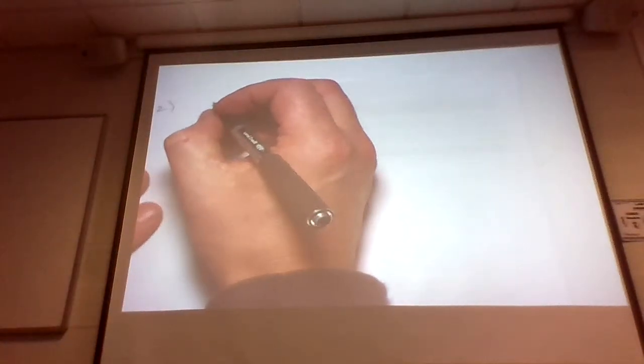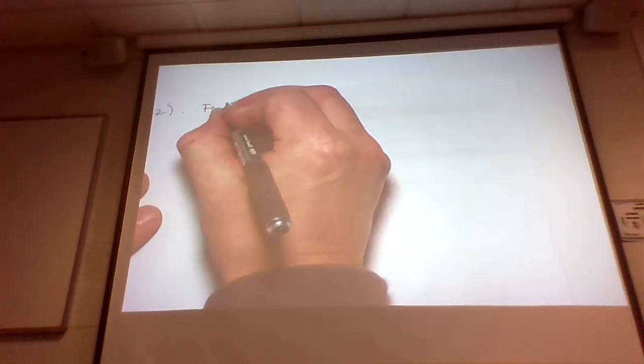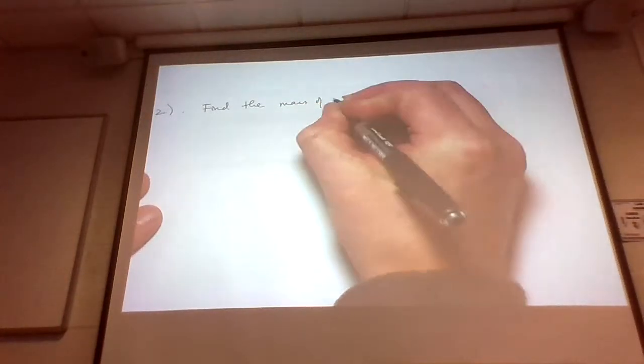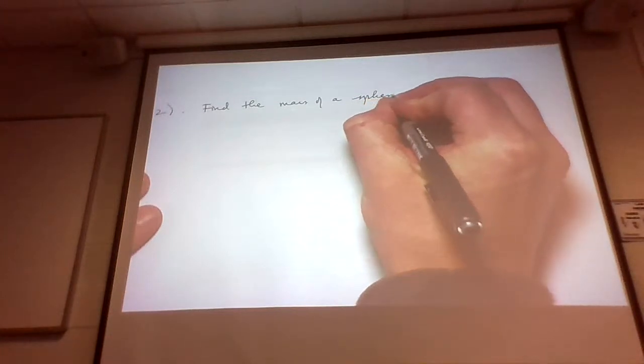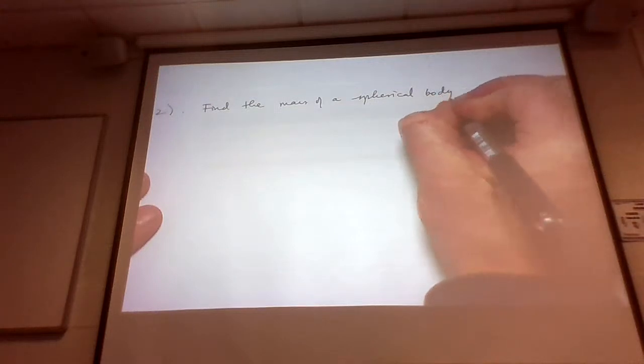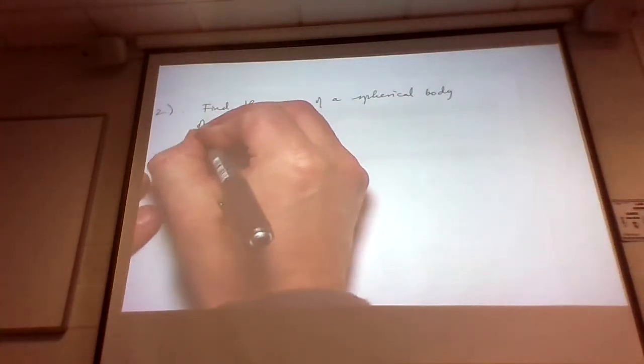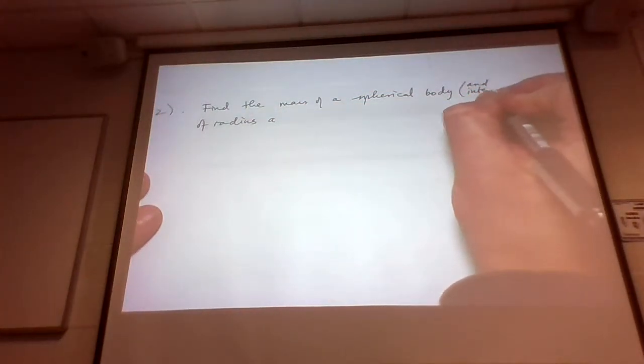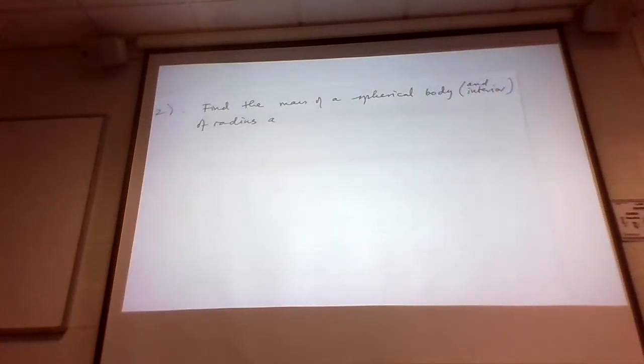So this time we're looking to find the mass of a spherical body of radius a. Sorry, the word sphere just refers to the shell, but I mean the sphere and everything in it.